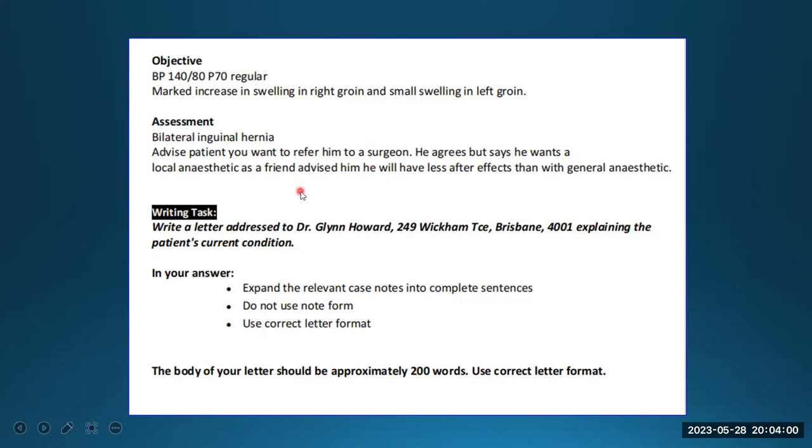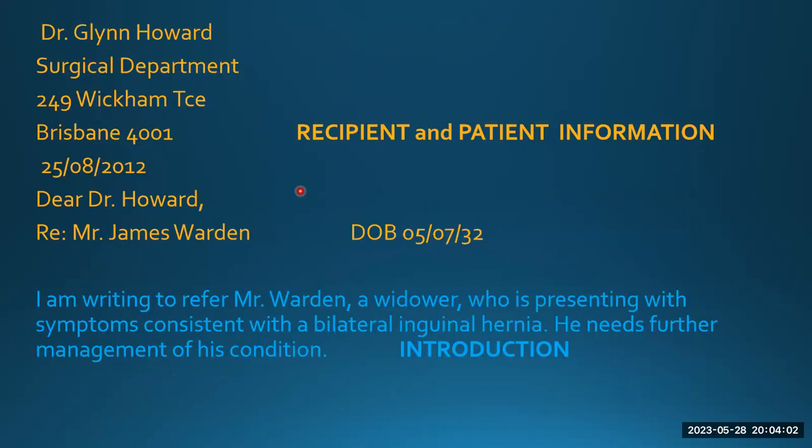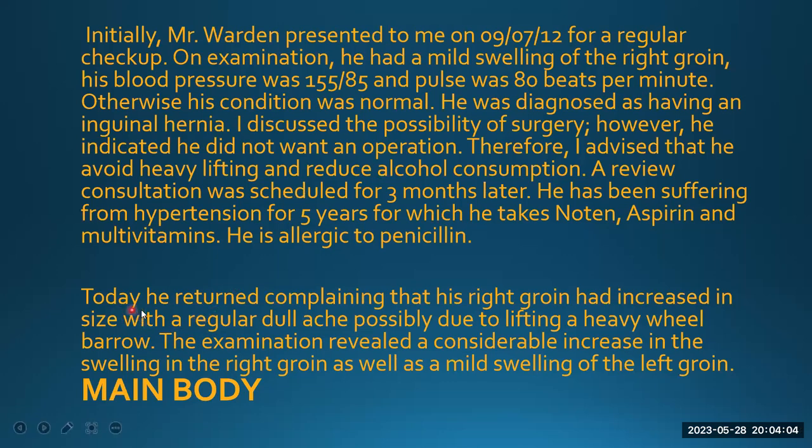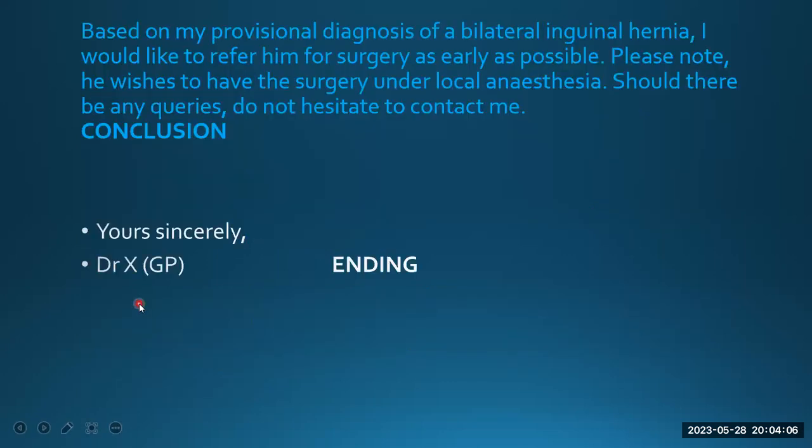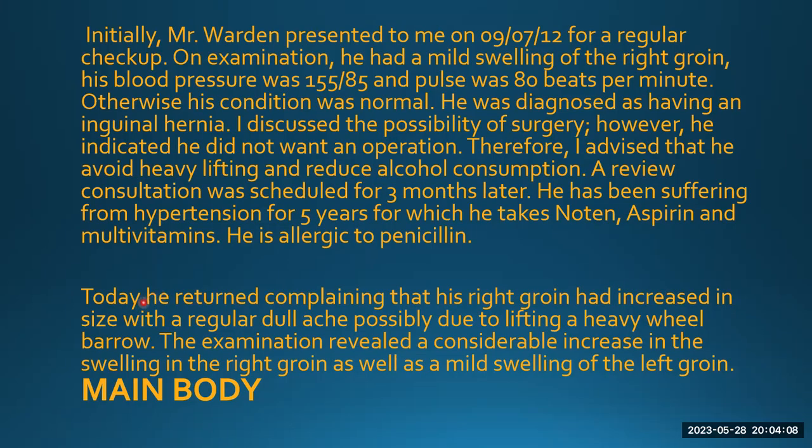It is very small information. How am I going to write this next visit? Today, there will be a comma. Today, he returned complaining that his right groin had raised in size with a regular dull ache, possibly due to lifting a heavy wheelbarrow. I mentioned three pieces of information here in one sentence. I made a complex sentence.